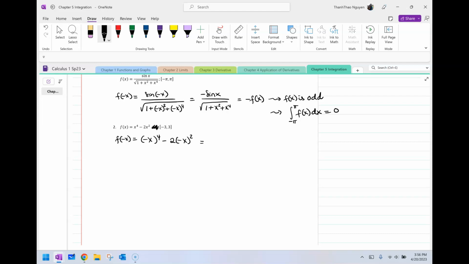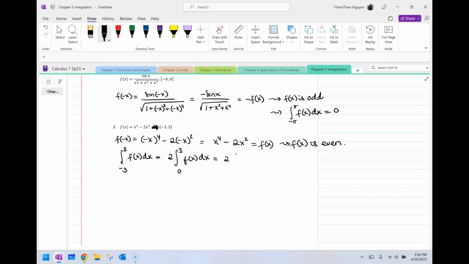This means we have x to the 4 minus 2x squared. So this is equal to f of x. So then f of x is even. This means that the integral from negative 3 to 3 of f of x dx is the same as twice the integral from 0 to 3 of f of x dx.